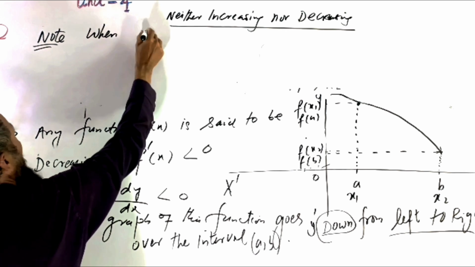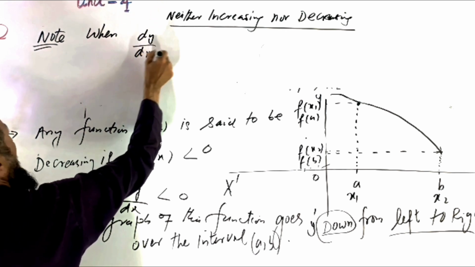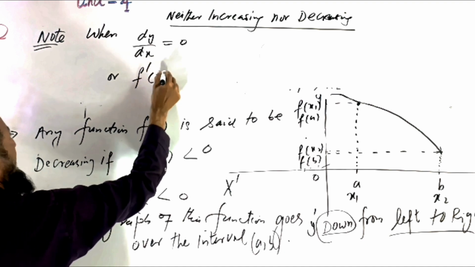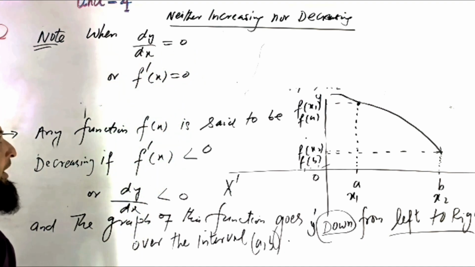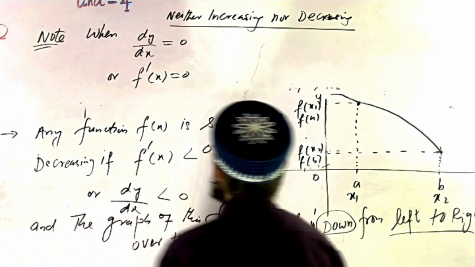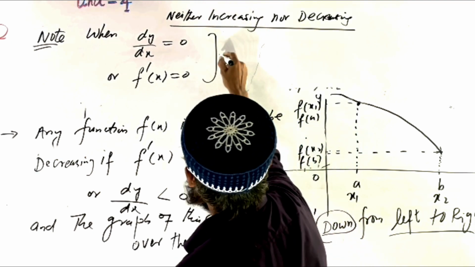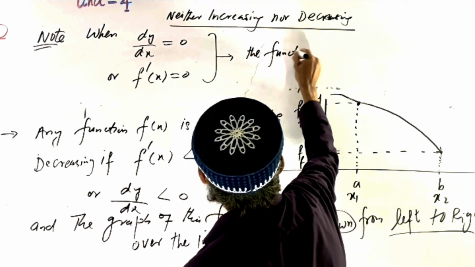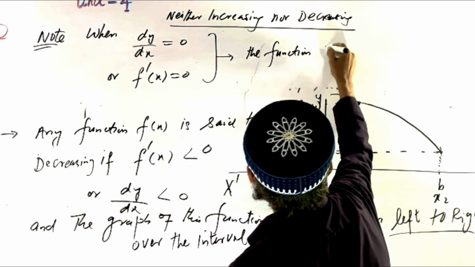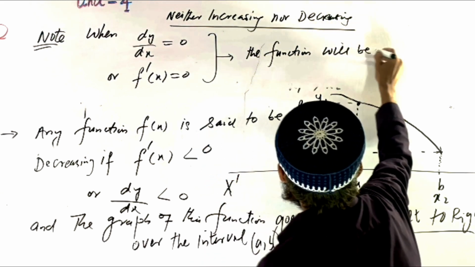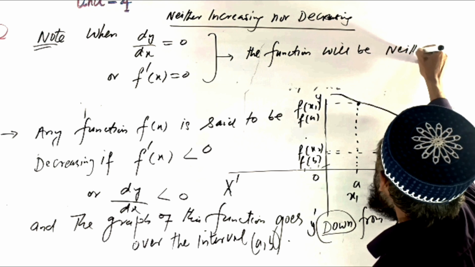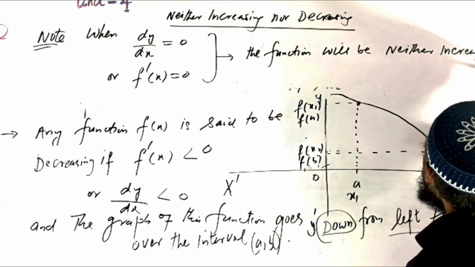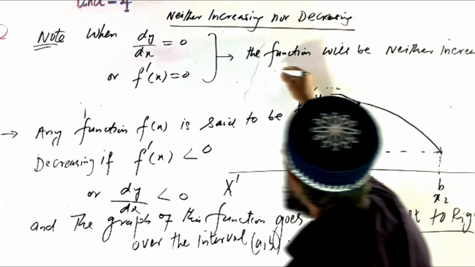What is the situation? When dy by dx is equal to 0, or f dash x is equal to 0, in this situation the function will be neither increasing nor decreasing.